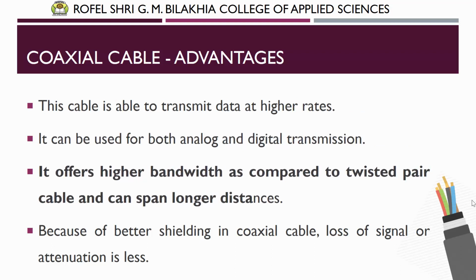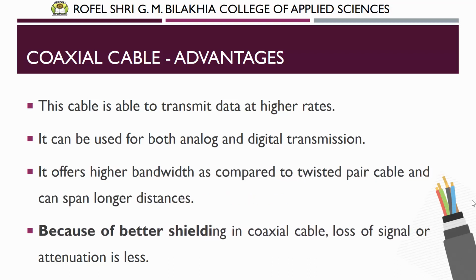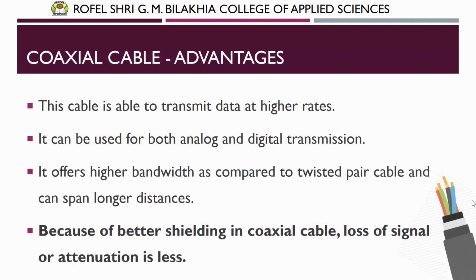Third, it offers higher bandwidth compared to twisted pair cable, and it can cover long distances, because it has a plastic cover, insulator or shield, right? Because of better shielding, the loss of signal, or attenuation, is less, right?